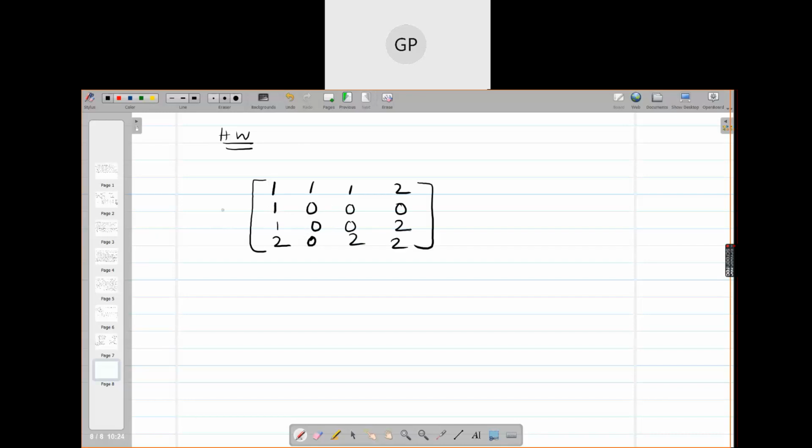Okay? So this is the adjacency matrix given. Draw graph from following matrix. Okay?